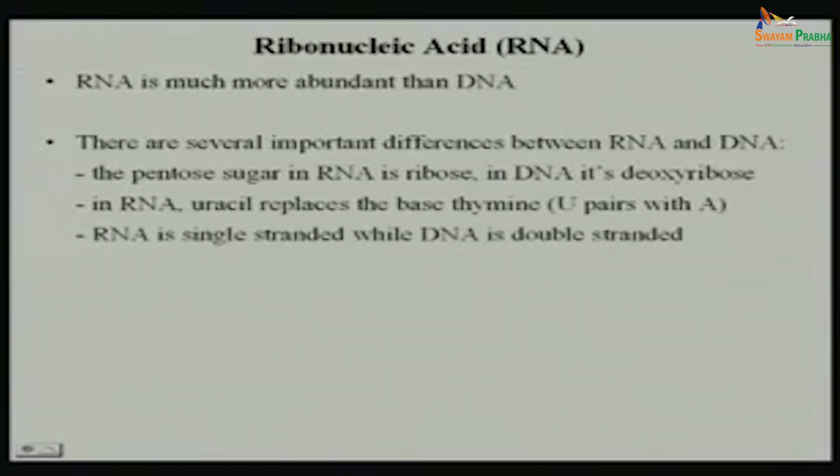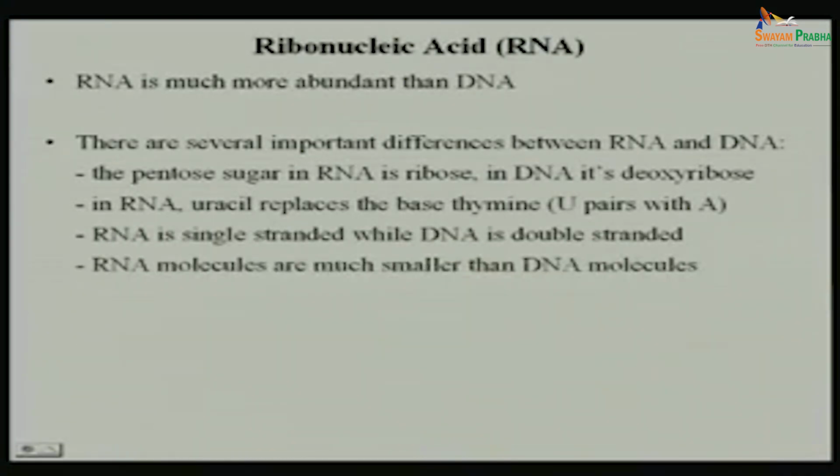That means replication means DNA to DNA. So, from one parental strand, used as a template, a new strand is synthesized. Coming to ribonucleic acid or RNA. RNA is more abundant than DNA. There are several important differences between RNA and DNA.